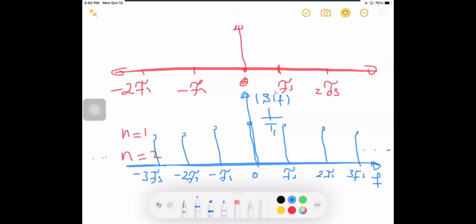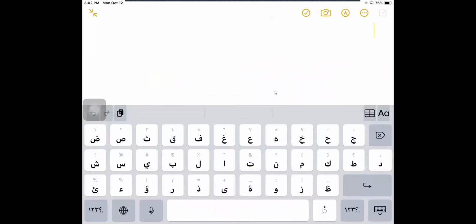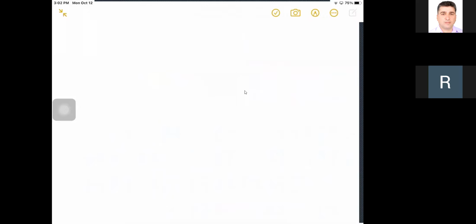Okay, up to now we have found the Fourier series representation for the sampling function S of t. Now let's go to the signal x of t. I have told you that the signal x of t is an energy signal.